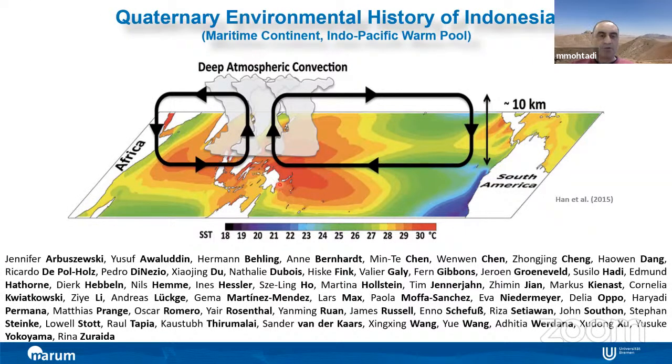with the orange reddish colors indicating sea surface temperatures above 29 degrees, which give rise to deep atmospheric convection in this region. The sketch that you see here shows the two Walker circulations over the Pacific and over the Indian Ocean, but it's also home to the Northern Hemisphere and Southern Hemisphere Hadley circulations, which makes this region very intriguing and interesting in terms of research, but also very challenging.